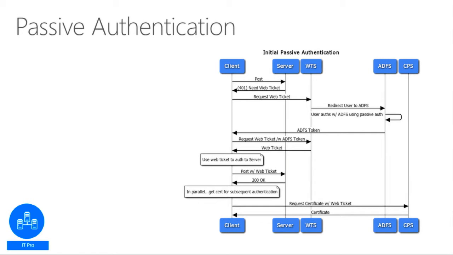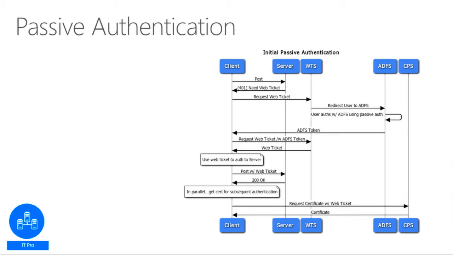The web ticketing service will redirect users to ADFS. ADFS will check users' credentials. It could be either a smart card, with Windows 8 you can even use a virtual smart card, or it could be form-based authentication.